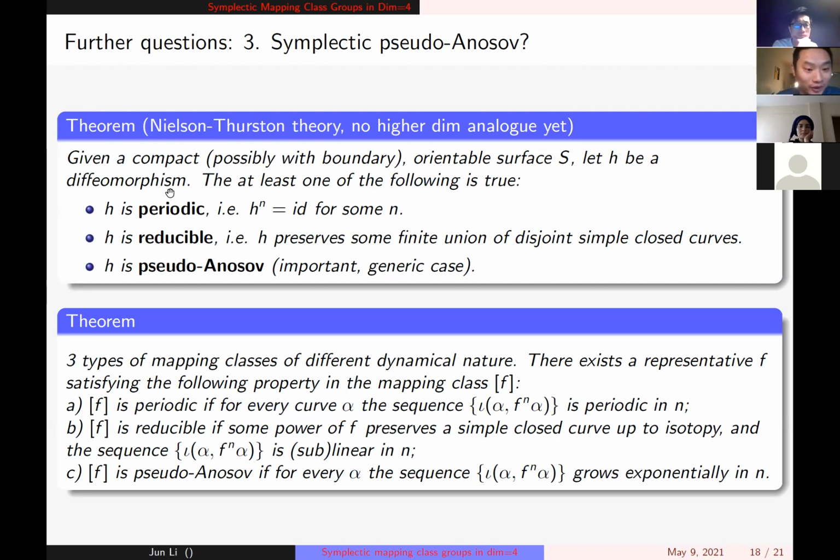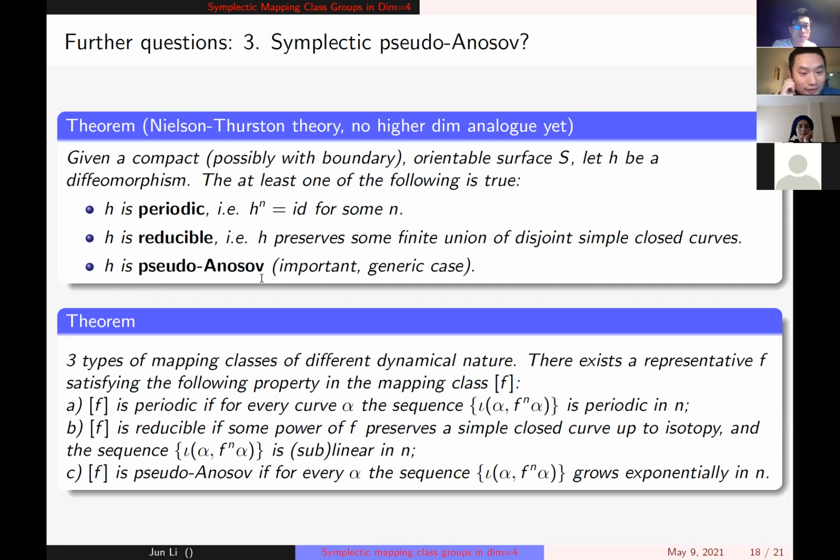We have periodic, we have reducible, and we have pseudo-Anosov. Pseudo-Anosov is the generic case: if you randomly pick a map, then with probability 1 it is pseudo-Anosov, and there are some ergodic properties which make the map really important here.